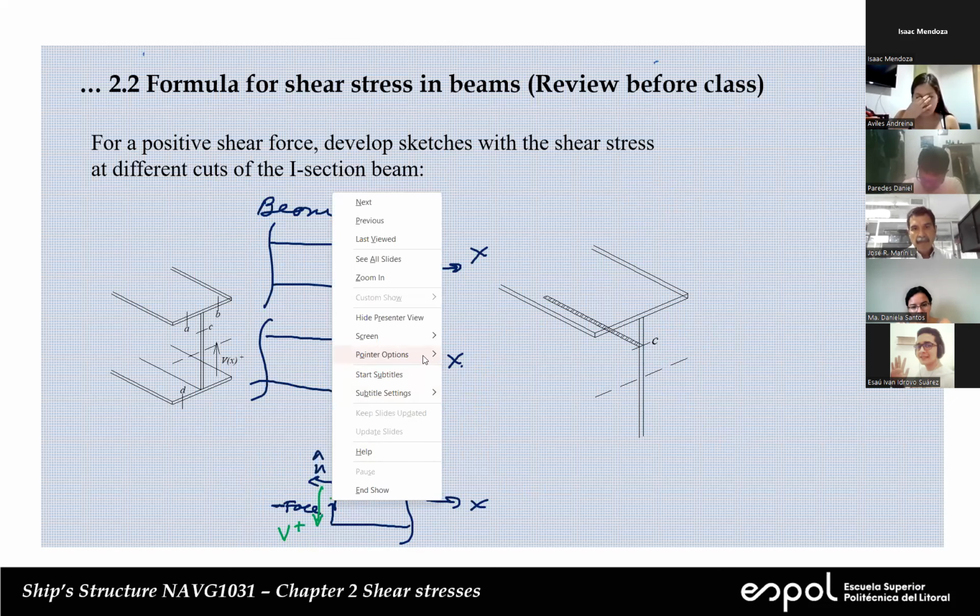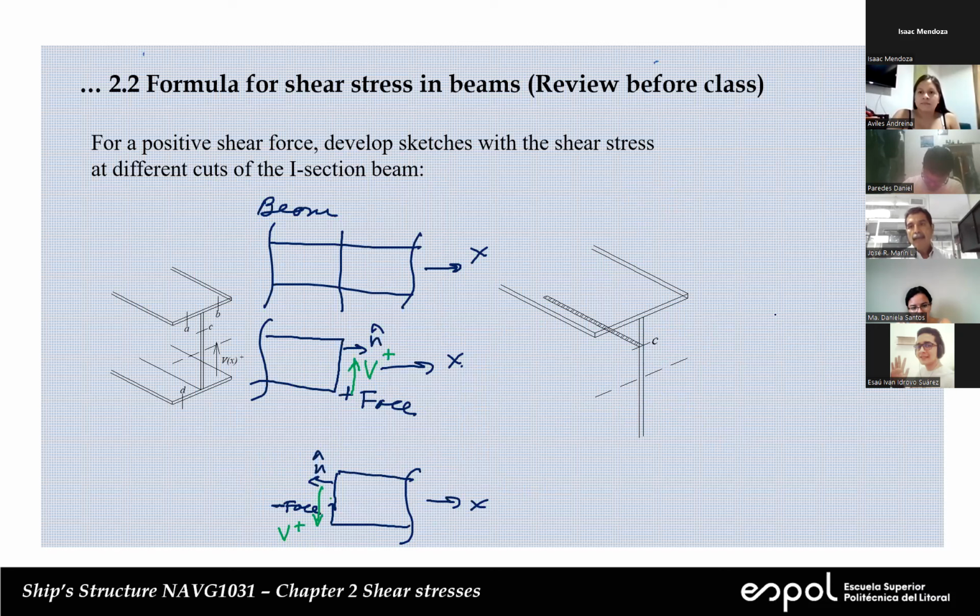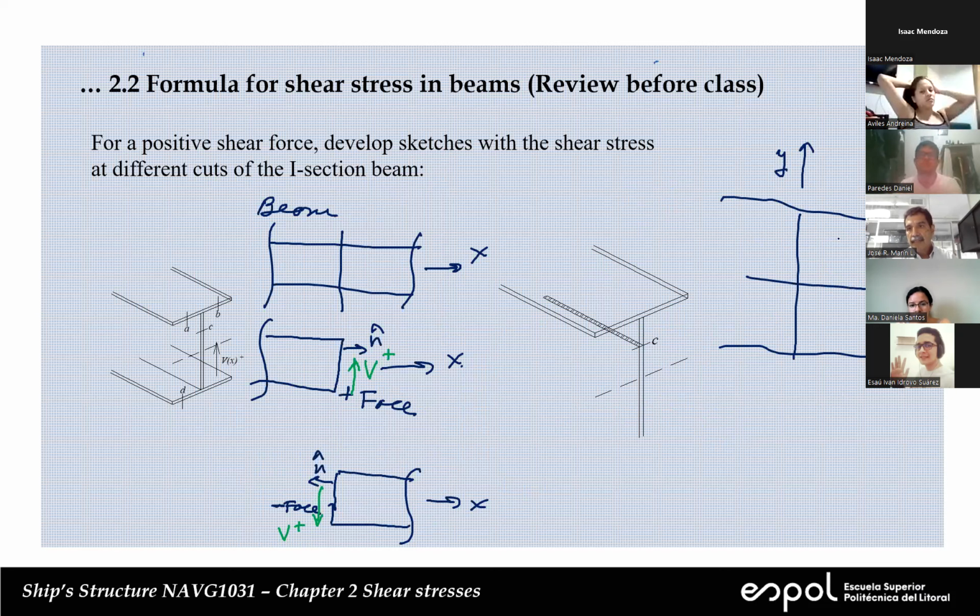Similarly, we can apply that to the case of stresses. So if we have a plate, for example, this is a plate now. Let's make a cut like this, and we're going to analyze this area here. This is X, this is Y. Let's analyze this piece here.